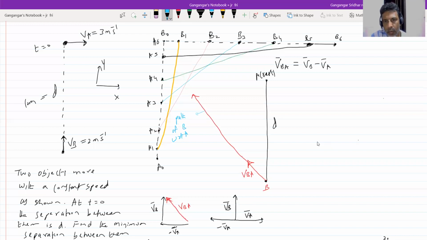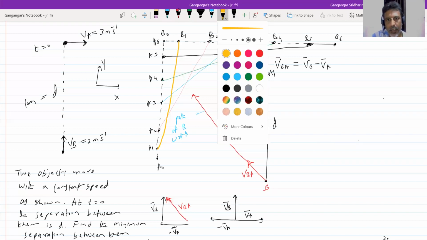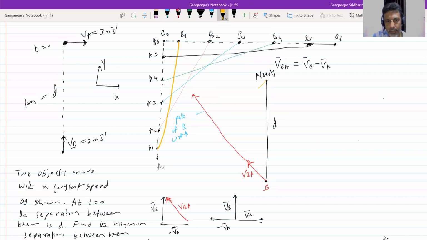Then what will happen to person B when he starts moving like this, the A will appear to be moving, but practically what happens is that A is the one moving. Now I'll go for the distance here. I'll drop a perpendicular. Call this M. This is the minimum distance.